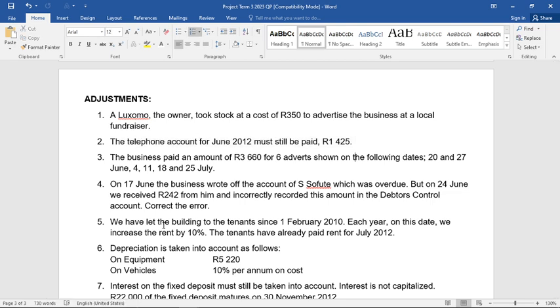Number 3, the business paid an amount of 3,660 for 6 adverts. Okay, so let's just stop. If we had to take 3,660 and divide it by 6, it would give us an amount of 610 Rand per advert. It says that these adverts were shown on the following dates: the 20th and the 27th of June, which would have been in this year, and then the 4th, 11th, 18th, and 25th, which would have been next year.